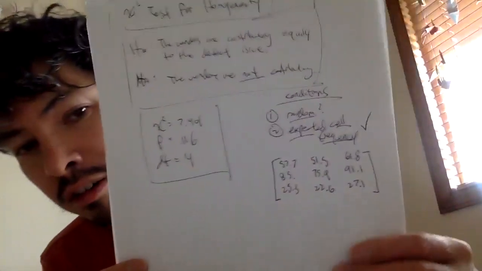But we could do them by hand. We talked about that, how to get all these expected values by hand on the last problem. And sometimes you have to do that. Remember, it's row total times column total divided by grand total that will get you these expected values. Okay, and they are all greater than or equal to 5. Yes, check. So all expected cells are greater than or equal to 5.